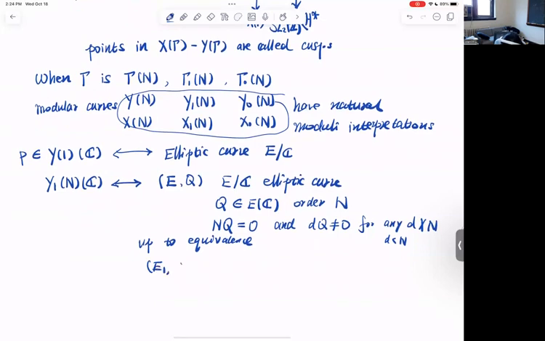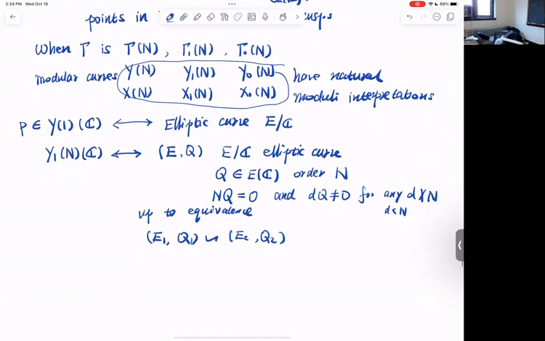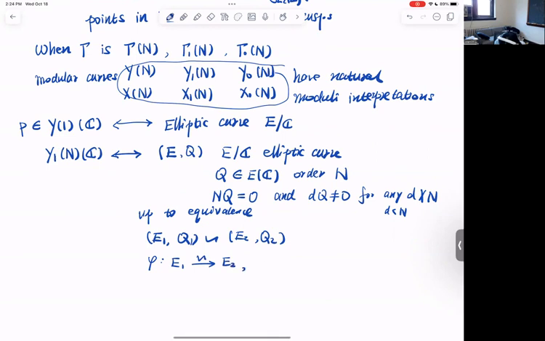If (E1, Q1) is equivalent to (E2, Q2), then equivalence means there exists a phi that is an isomorphism from E1 to E2 such that phi of the point Q1 is Q2. Great.